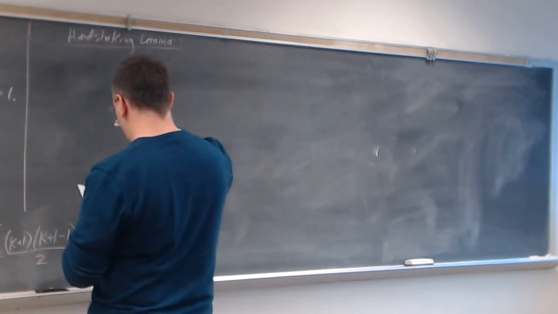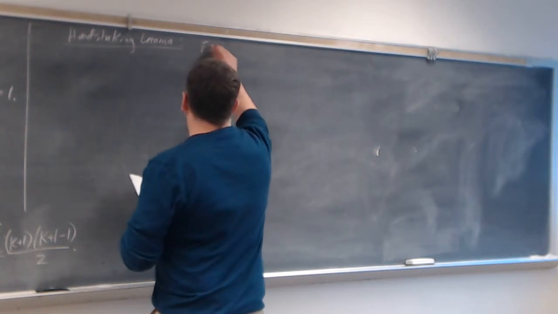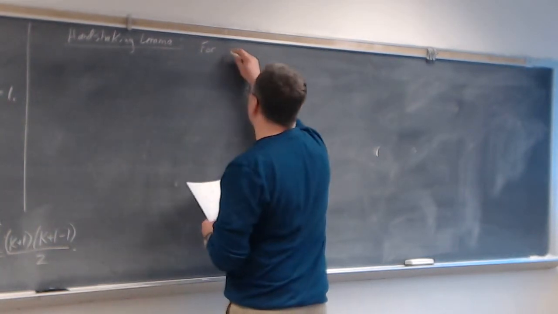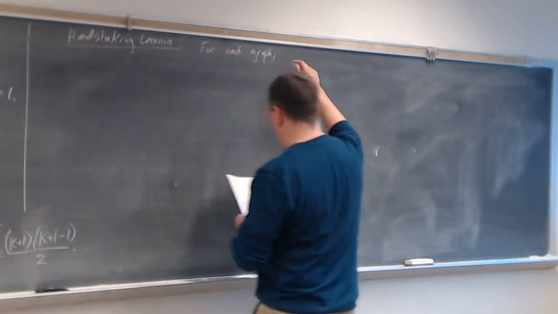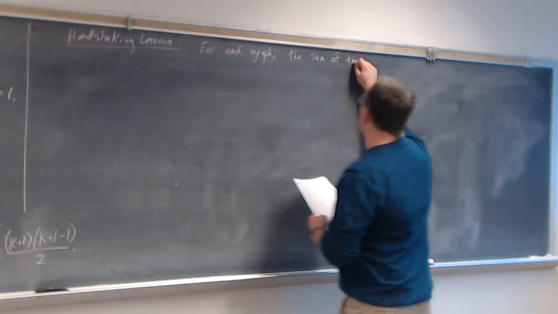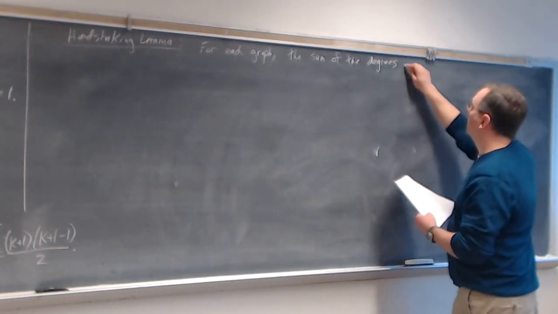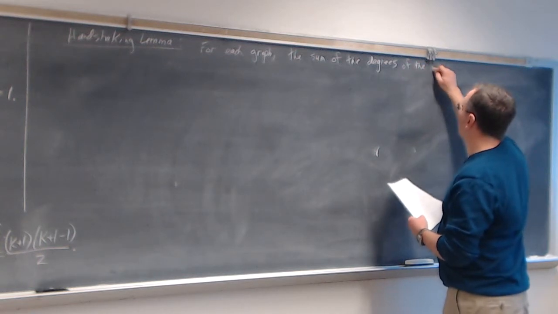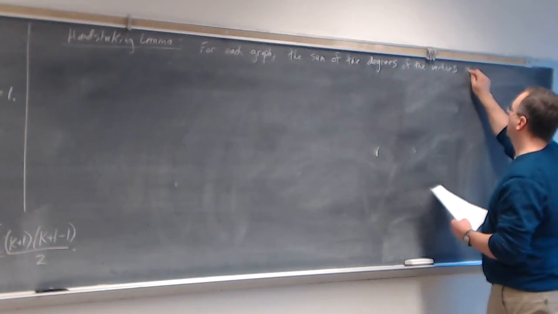Okay, it says, for each graph, the sum of the degrees of the vertices is even.